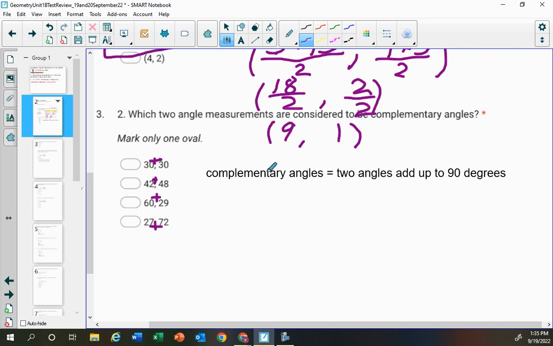And then who could tell us which one of the four? First, second, third, or fourth? 42 and 48. That's right, Brooklyn. 42 plus 48 is 90. So it's this one. The other three will not work.